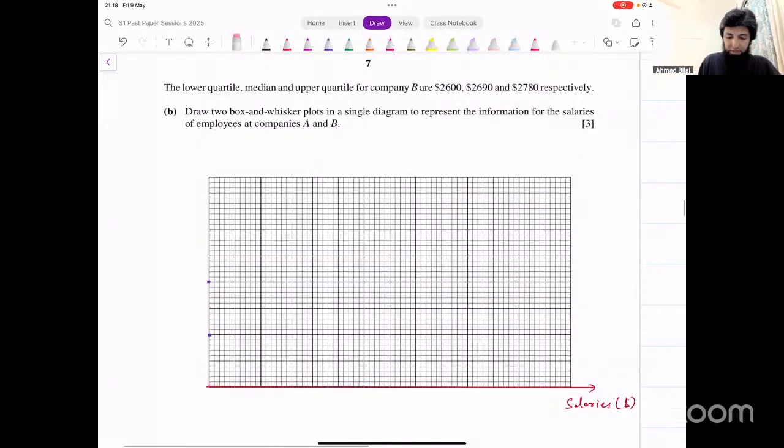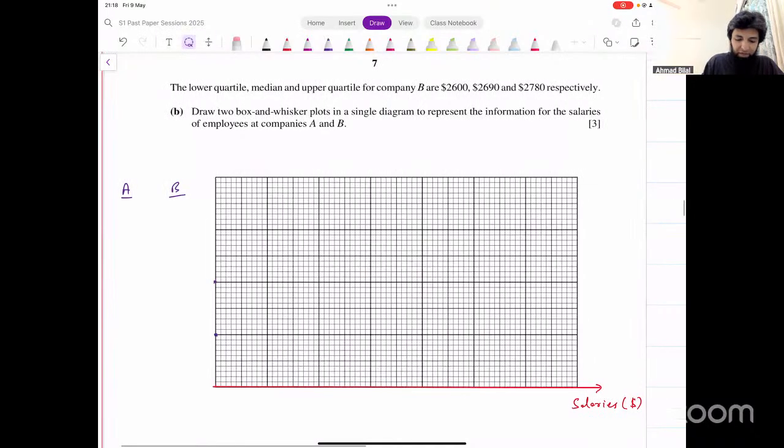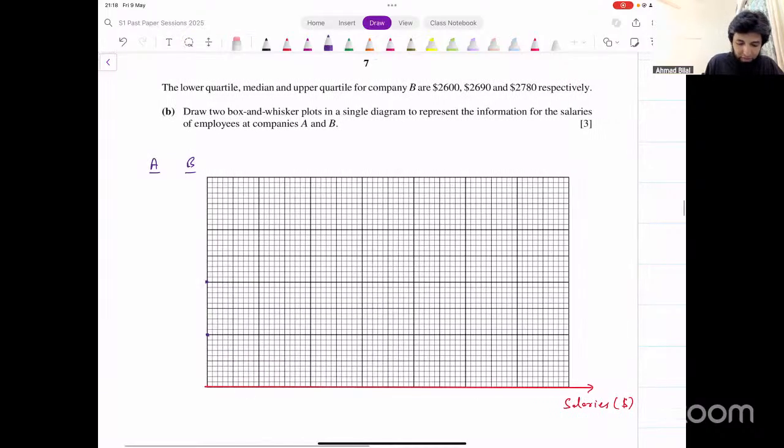Now, what I'll do is I'll write down the information on the side here first. We've got A and we've got B. There are 5 points that we need to be able to draw a box and whisker plot. 5 values. What are those 5 values? The minimum value, the lower quartile, the median, the upper quartile, and the maximum value. Now, what are the values for A?